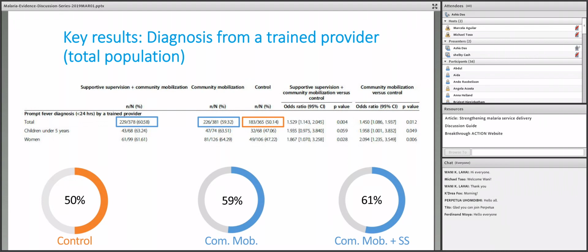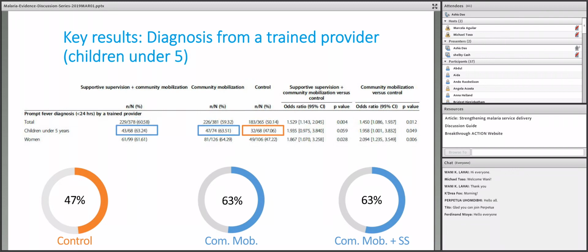So looking at the impact of the intervention, we see in the total population, half in the control arm had a diagnosis from a trained provider for their recent episode of fever, whereas it was 59% for community mobilization and 61% for the combined intervention, which were statistically significant. Coming over to children under 5, we see 47 in control, whereas 63% in both the intervention arms.